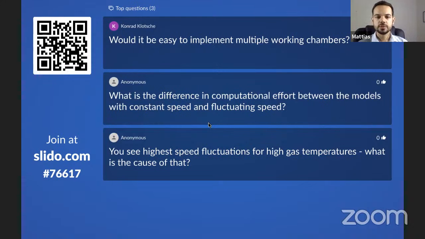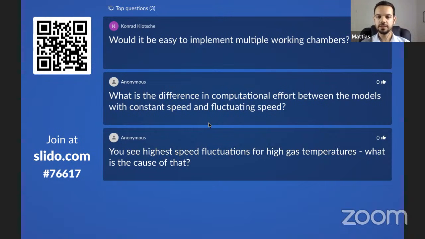Actually, here the difference was in the flexible multibody dynamic model. So in AVL Excite, we tried with the constant speed and fluctuating speed. And the difference in the models is not so significant in terms of modeling complexity. Regarding computational effort and solution time per cycle, they are also very similar.